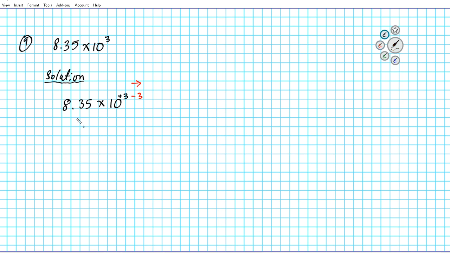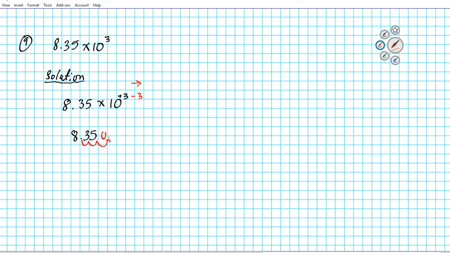So bring down the digit part, the number between 10 and 0, 8.35. And then let's apply the move. We're moving it 3 places to the back, so we move it 1, 2, 3 right here.